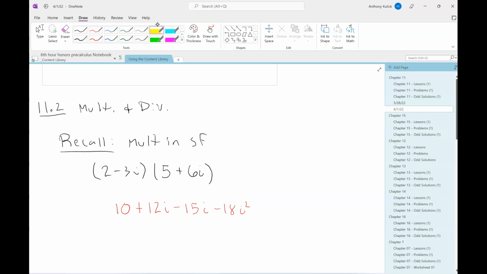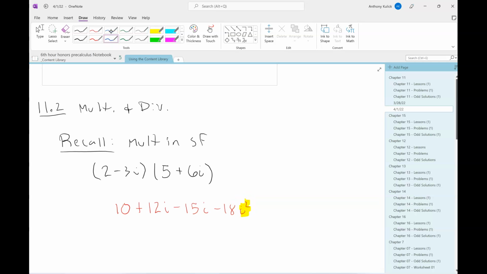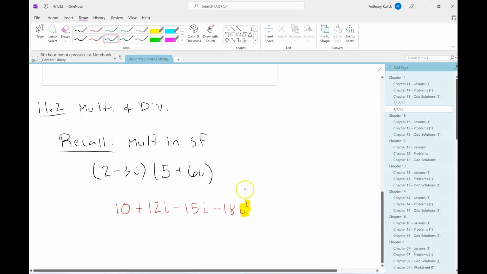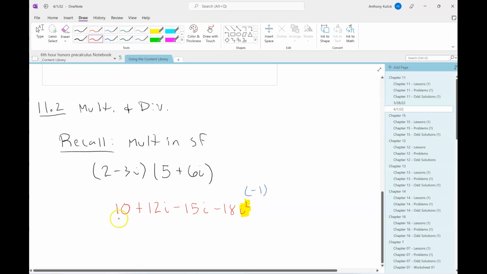What do I do from here? Well, what's i squared? Negative 1. Good. So if I combine my like terms now, I have 10 minus a negative 18, so really 28. And 12i minus 15i is negative 3i. No big deal, right?